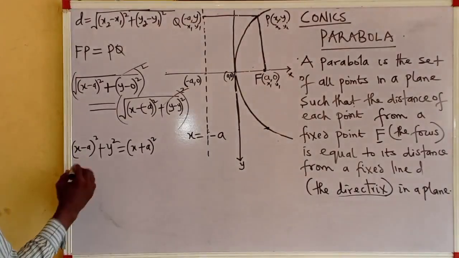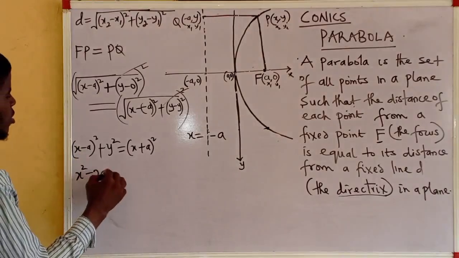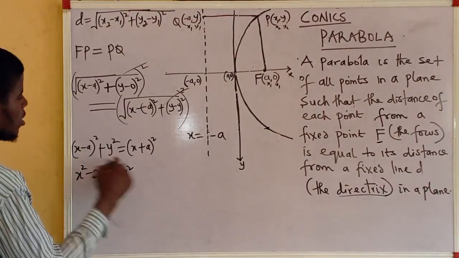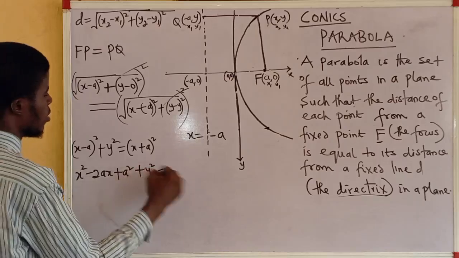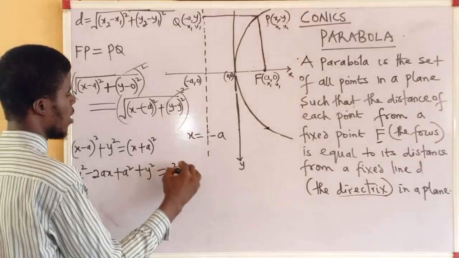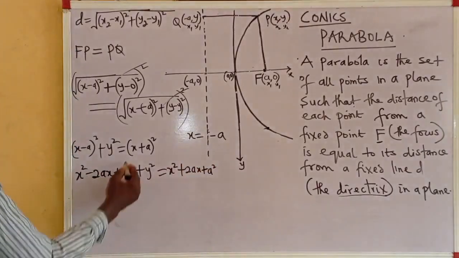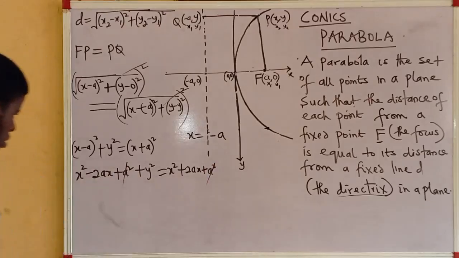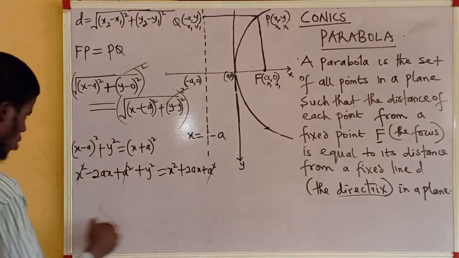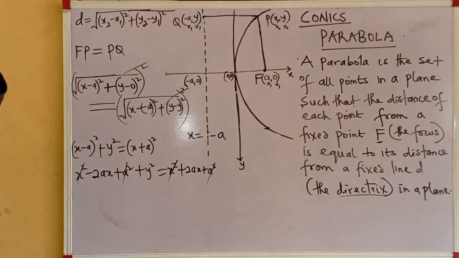If you expand this, we have x squared minus 2ax plus a squared plus y squared equal to, let's expand this, x squared plus 2ax plus a squared. A squared will cancel a squared, all right? X squared will cancel x squared also. So what do we have?